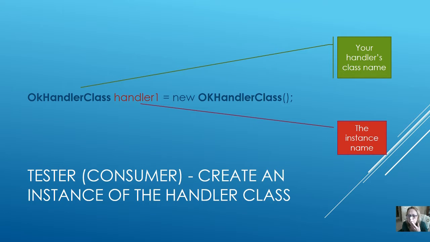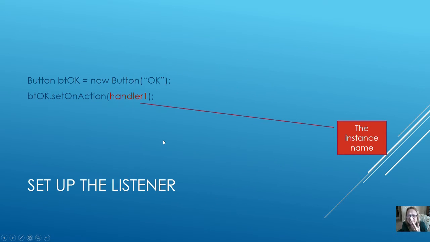To reaffirm, we're going to create a class, and then when we want to create a handler from that class, we'll be creating an instance of it. In my tester, I will be creating an instance of this handler class, which I'll call handler1. So my tester becomes the consumer of my handler class. Now, I have a button here.